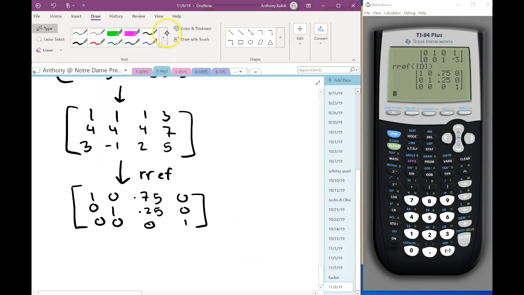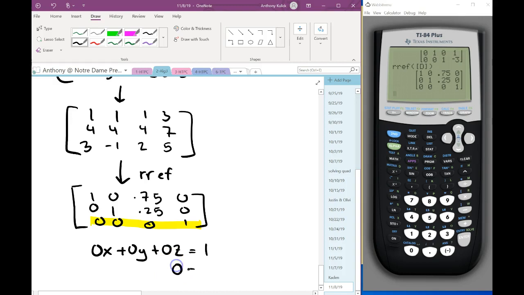Which of these rows tells me that this is no solution? Which row tells me that there's no solution? Row 3. That's correct. What is row 3 saying? It says 0x plus 0y plus 0z is equal to 1.